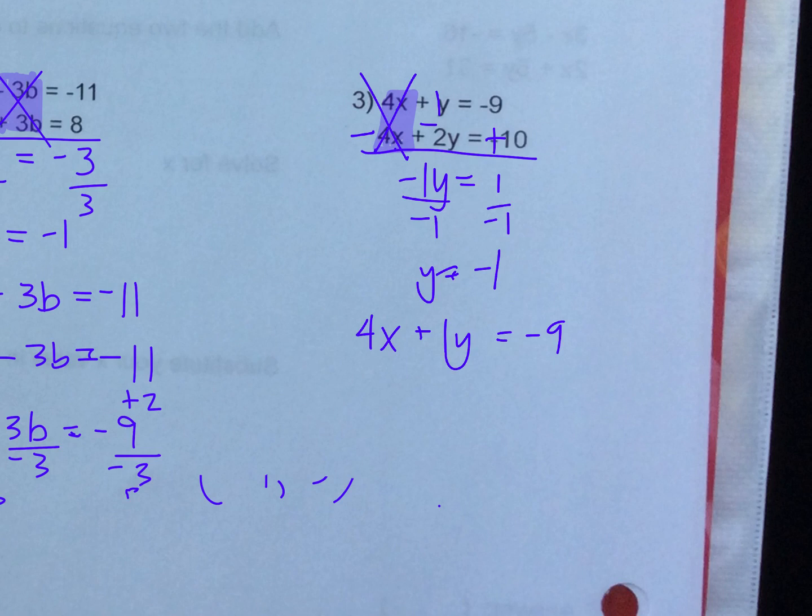So this time, the 4x plus 1y, what am I going to put in place of y? I'm going to put the negative 1, right? Equals negative 9.